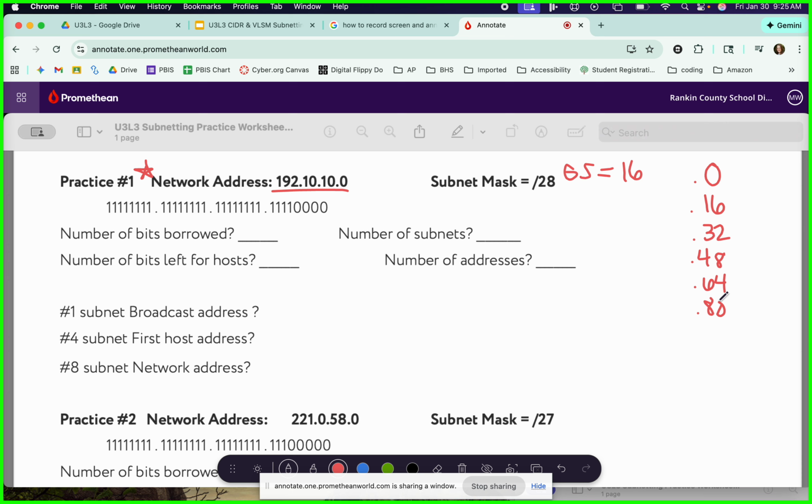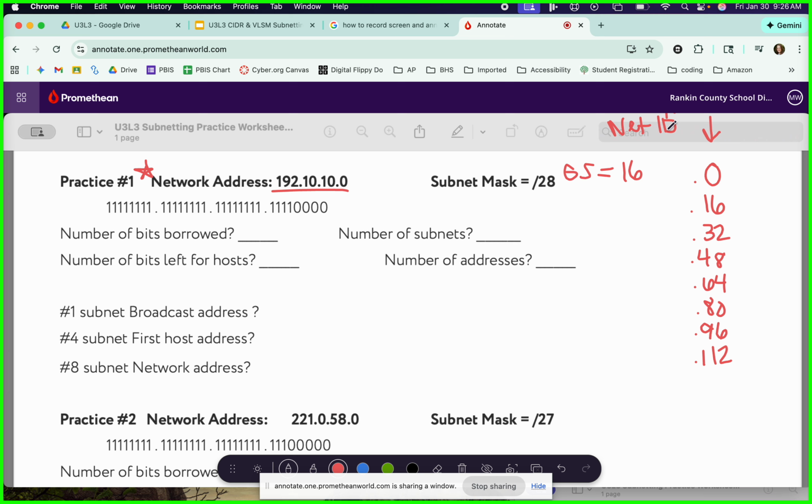How far are we going? 1, 2, 3, 4, 5, 6. It asks down to number 8, so we're going to do 2 more. Dot 96, dot 112. Now each of these is the net ID.